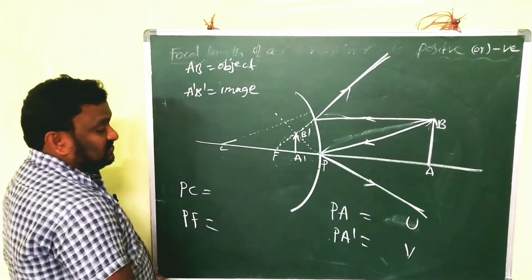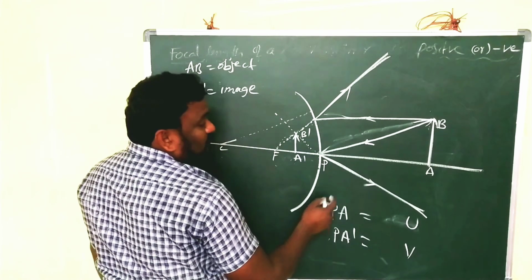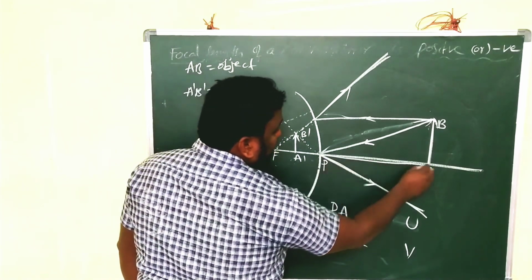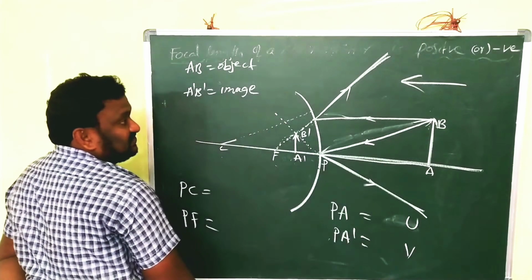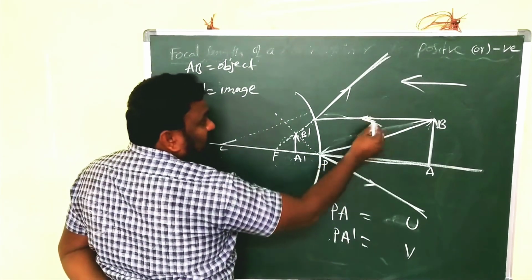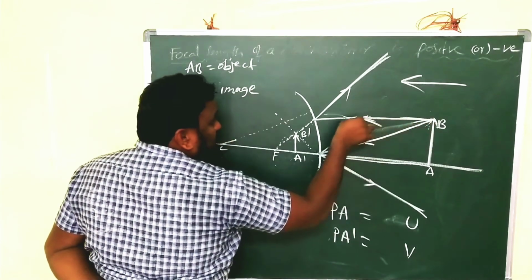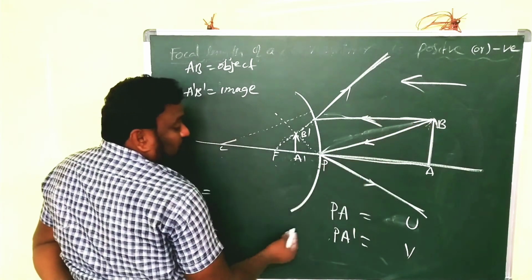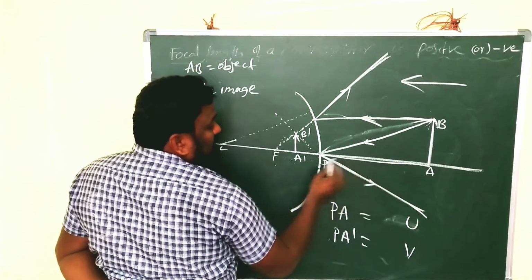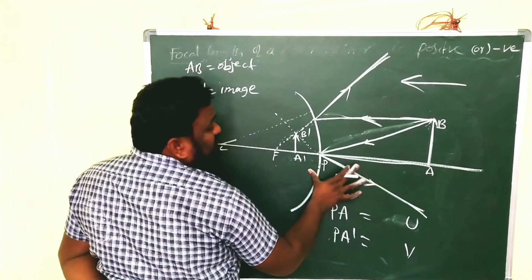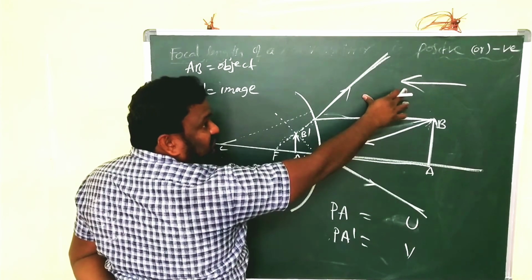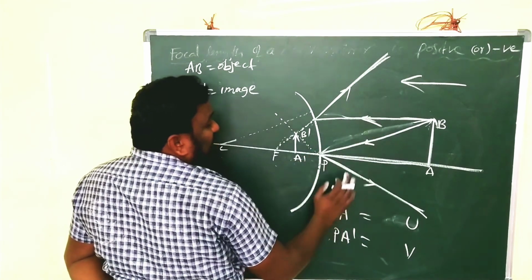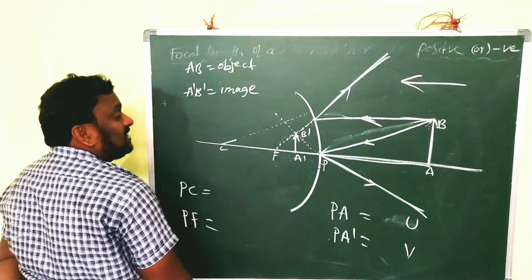So first, PA. P to A, the light is coming in this direction, because we are showing it like this only. The light is coming from the object. So PA is against the direction of incident light.